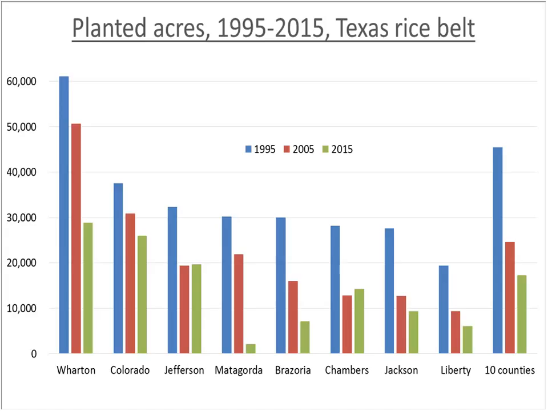It's not necessarily a bad thing. There are a number of reasons for that. As the population density in some of those counties reflects, there's competition for the land. A number of rice farmers have retired from rice farming over the last few years.